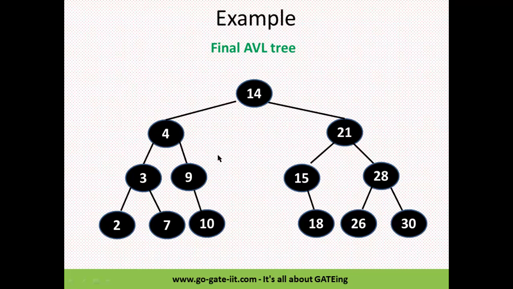You can see here that all the nodes are following the AVL tree principle. Every node is balanced, the balance factor is at most 1. Here I can see for this it is 0, for this it is 0, for this it is 0, 0, this complete is 0, for this it is -1, for this it is 0, for this it is 0. So that's how an AVL tree works.